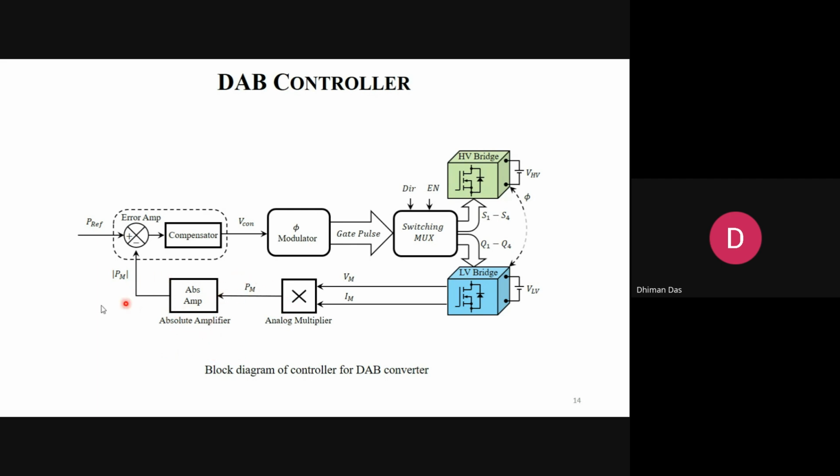If I pass it through the absolute value amplifier, you can assume it is just a rectifier, but not a diode bridge rectifier. In a diode bridge rectifier, there is a certain voltage drop across the diode that you cannot avoid, and these are low level signals in the range of 0 to 3.3 volt or 3 volt. So if your diode drop is around 0.7 volt, then 1.5 volt is just gone from your measurement.